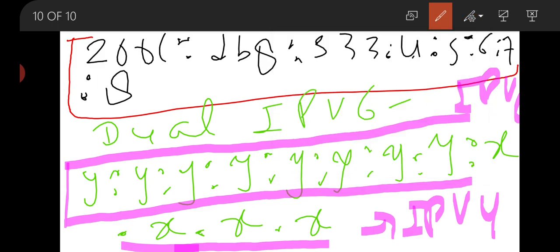Now if we use the dual IPv4 address, then here we use colons and then you can use 1 dot 2 dot 3 dot 4. This is the example of an IPv6 dual address. Now I hope you have understood the clear concept of IP addressing.